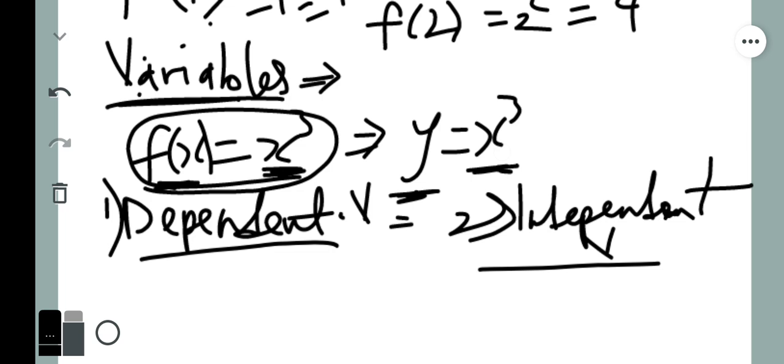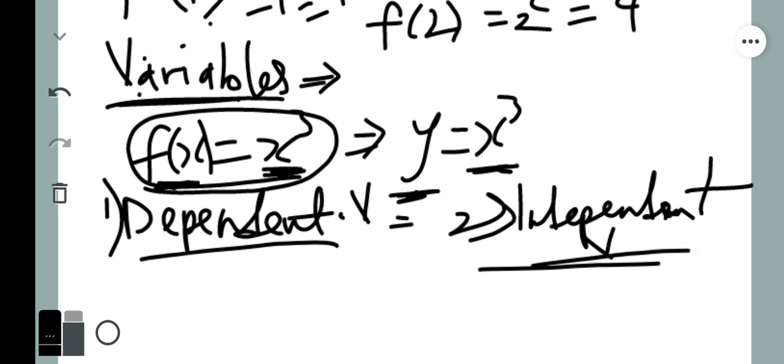A dependent variable is a variable that depends on other variables for its value. It can't take any value it likes. An independent variable, from the word independent, can take any numerical value it likes. That's just a layman's way of explaining it.